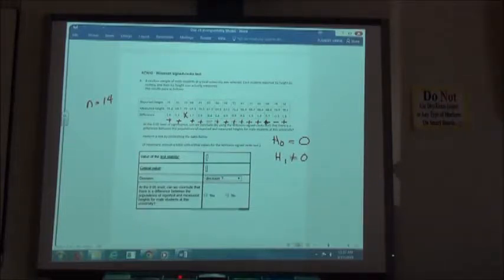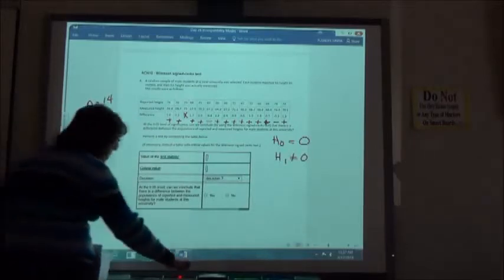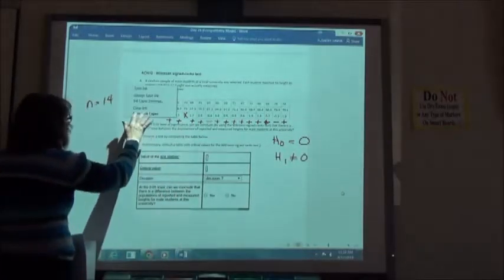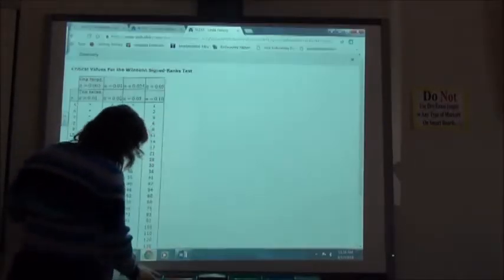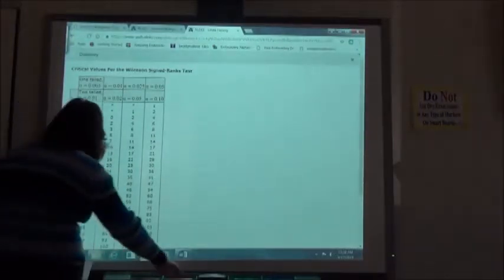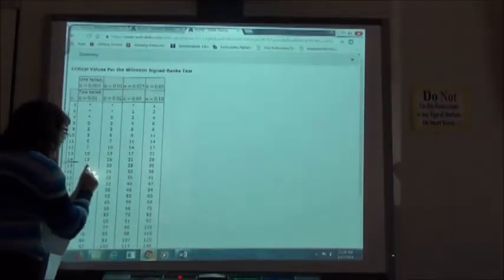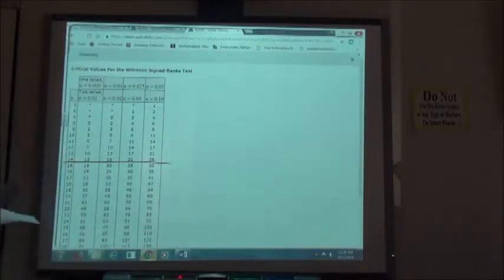So on these ones, the first thing I'm going to do is go ahead and look up my number from my table and find my critical value, because that way, when I have to erase it and put it back, it'll be easier. So I'm going to just clear this out and go over to my table. We had figured out n was 14.